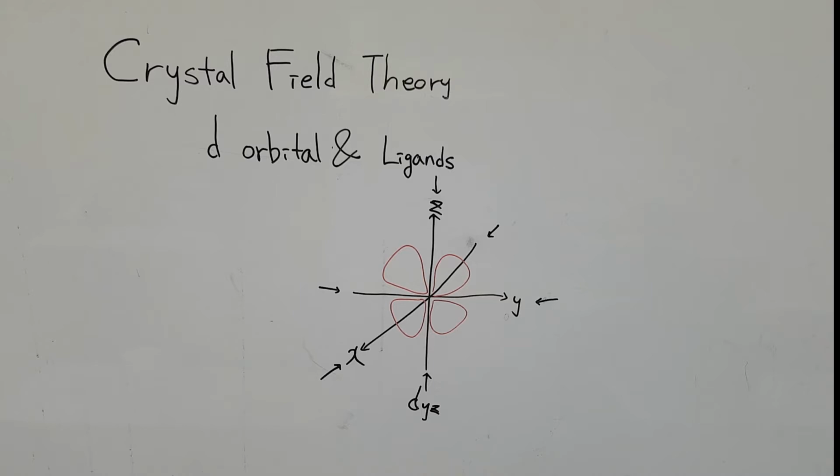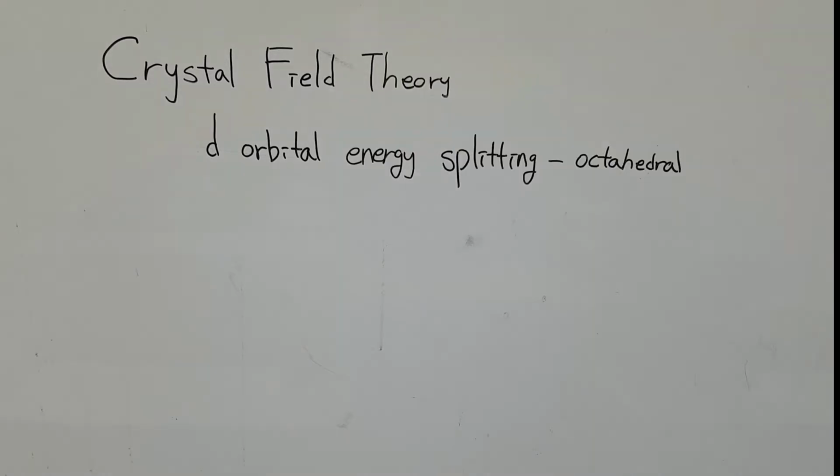Let's first consider the octahedral environment case, where the ligands bond through the octahedral positions along the x, y, z axes. dx square minus y square and dz square orbitals align along the x, y, z octahedral axes, while dxy, dyz, dzx are off the main direction.